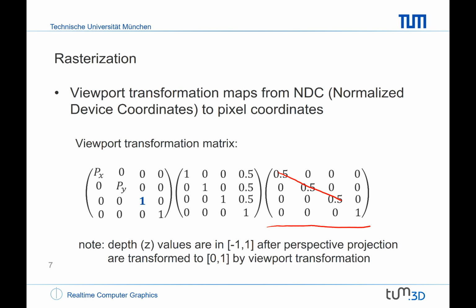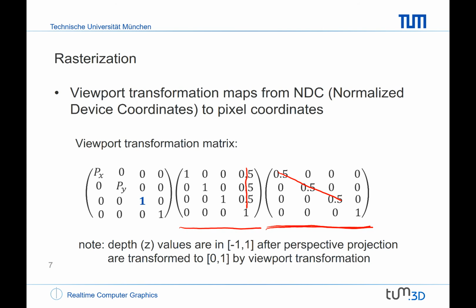Then comes the transformation which translates all the coordinates by 0.5 in each dimension. That means that the coordinates which are now from -0.5 to 0.5 after the first transformation are now translated so that they come to lie from 0 to 1.